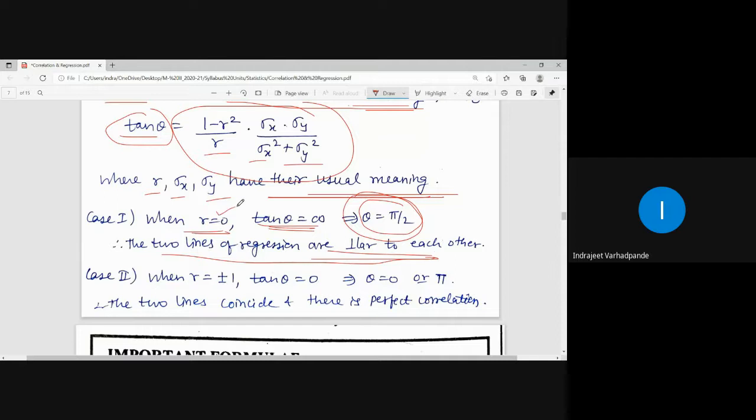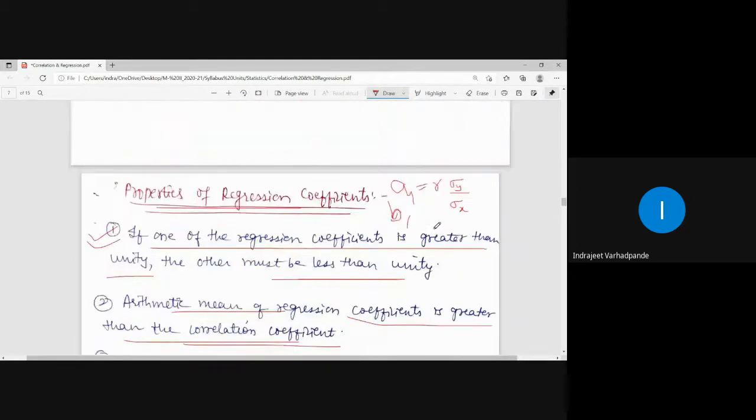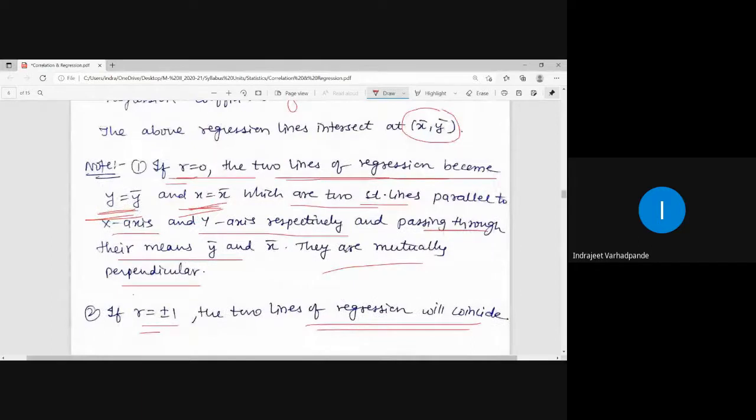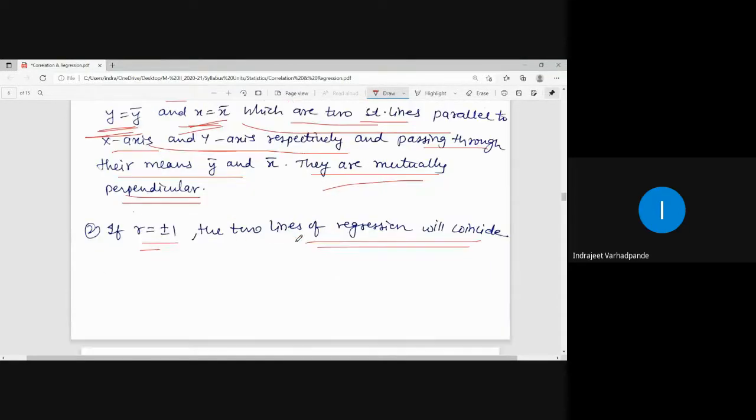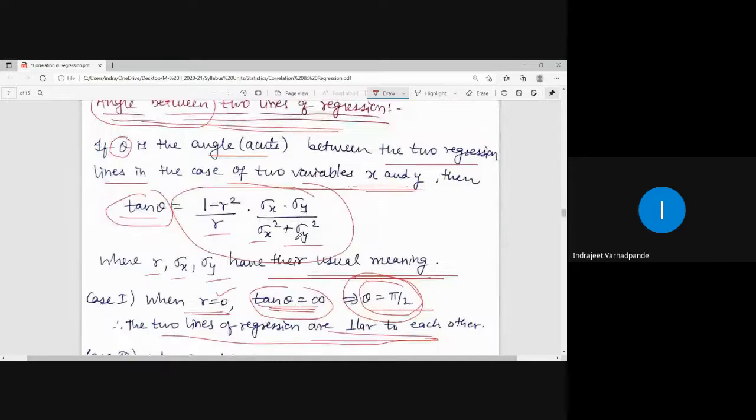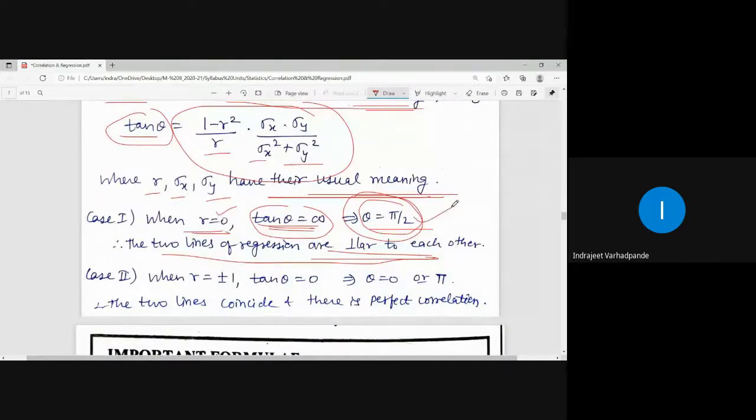So when r is equal to 0, tan theta is infinity, theta is pi by 2, and the lines of regression are perpendicular to each other. And the same is the quantity we are talking about over here.